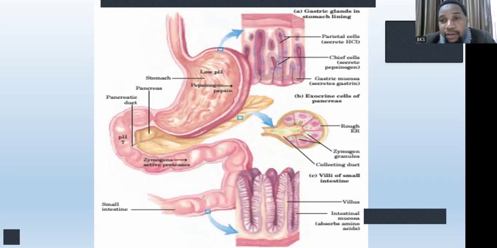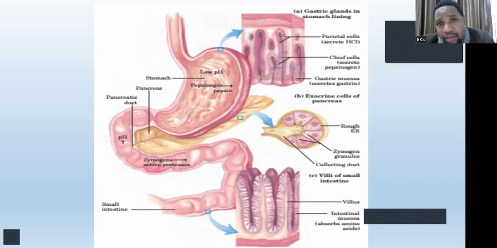So what happens when the parietal cells secrete HCl, gastric acid? The gastric acid is meant first of all to kill any pathogenic or potential organism that can cause disease, bacteria, or something that is mistaken as part of the food, even some cells that are not supposed to be part of the food.